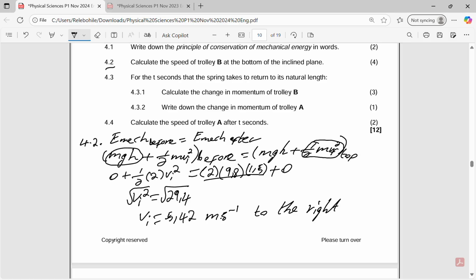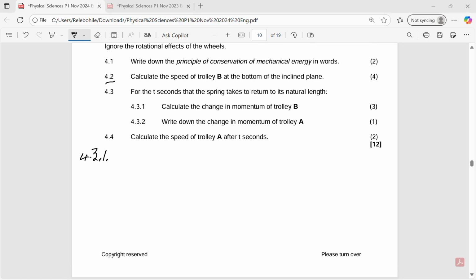Okay, for 4.3, guys, I'm going to remove this part, so bear with me so that I can have space.